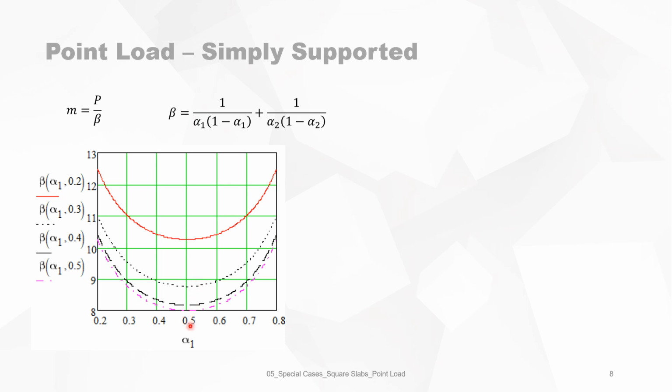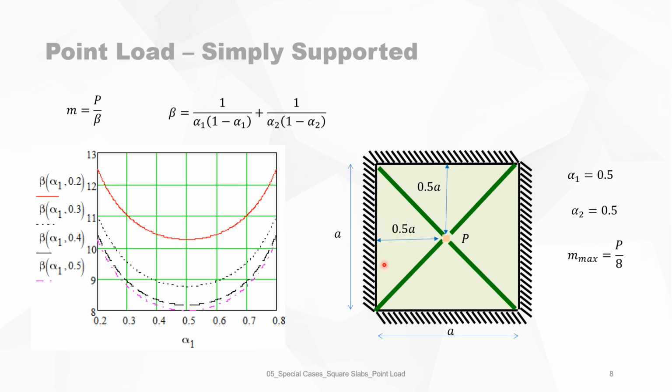Then it's easy to see: the smaller beta is, the bigger m is. So this is again our maximum. The maximum is situated when the load is in the center of the slab, and it's given by P over 8. Notice again, this is independent of a. Very strange, but it's like that.